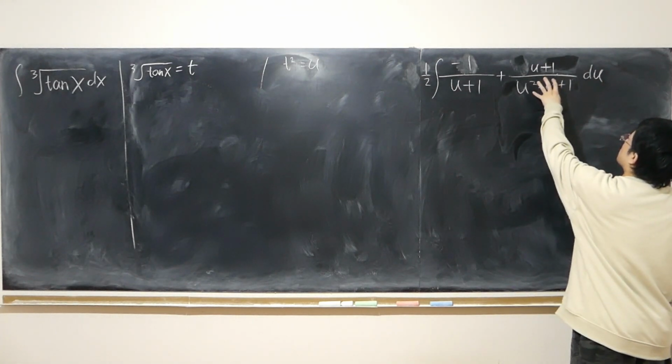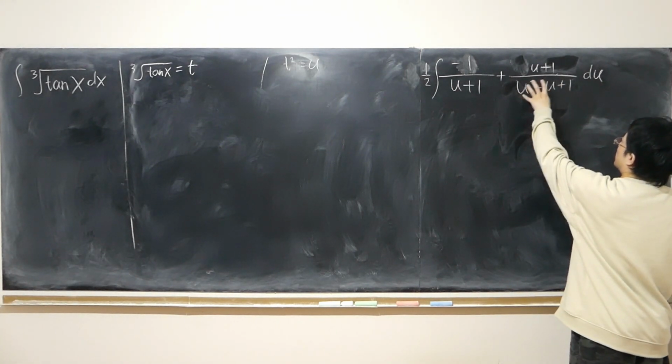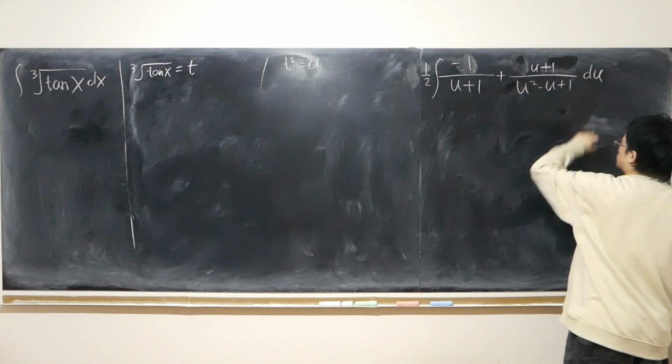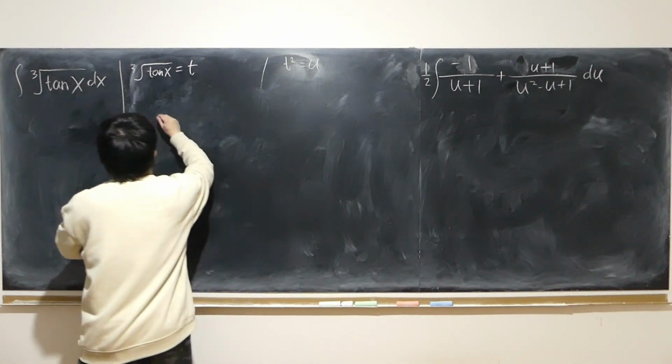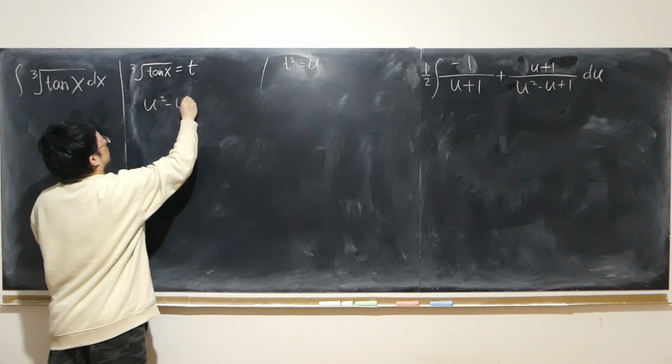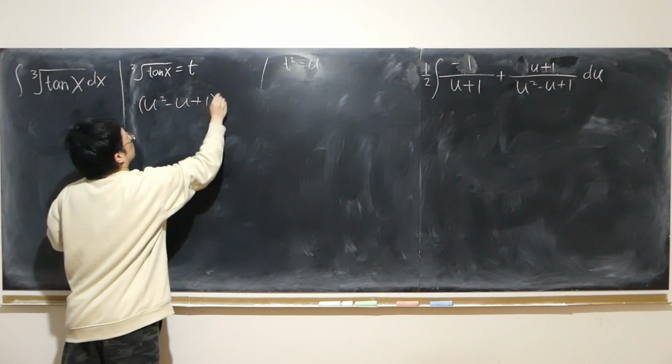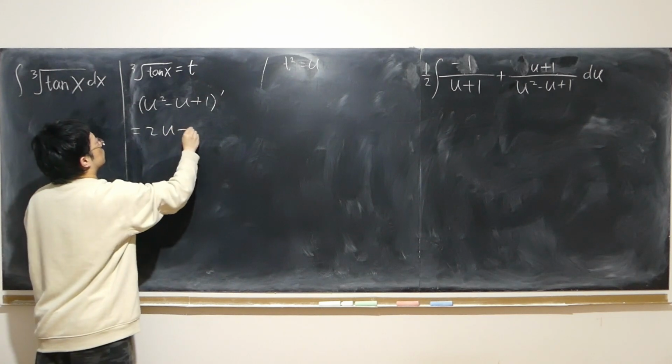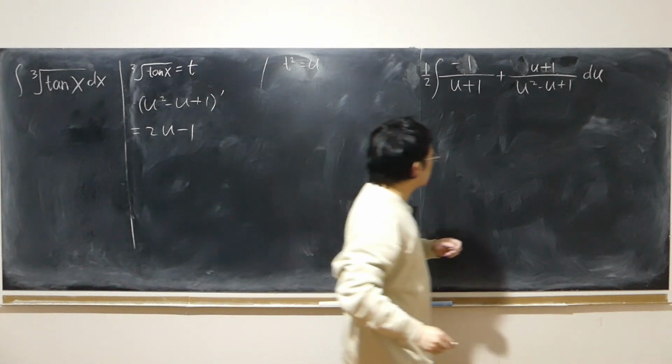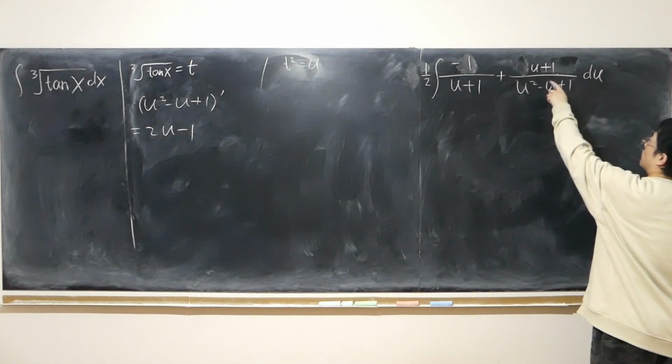This looks like the derivative of the log of this bit, because if I differentiate u squared minus u plus 1, it gives me 2u minus 1. Now, the numerator is not exactly that, so what do I do?